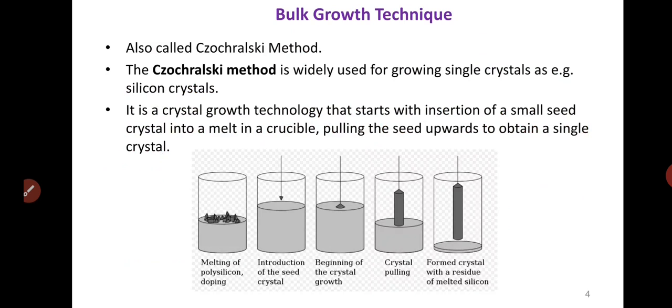Now we shall discuss the first technique, that is bulk growth technique. This technique is also called as Czochralski method. This method is widely used for growing single crystal, for example, silicon crystals.